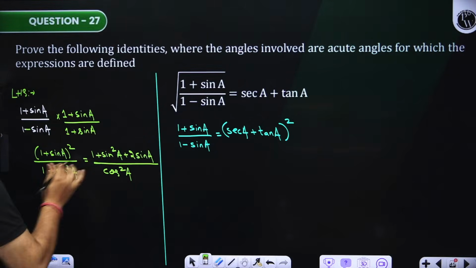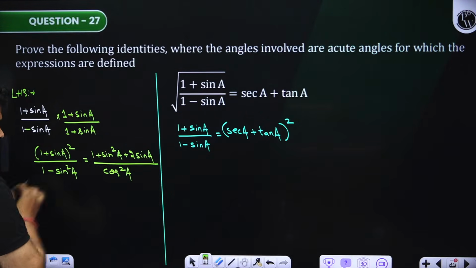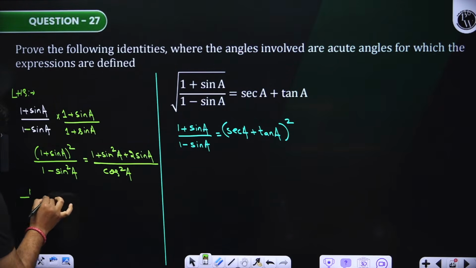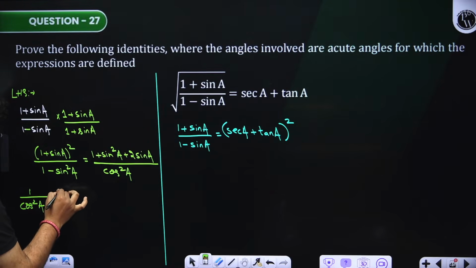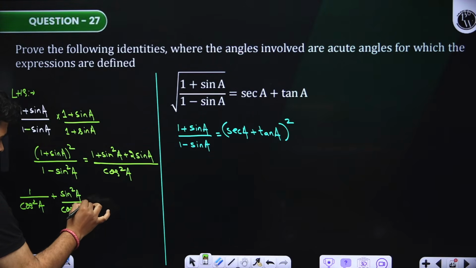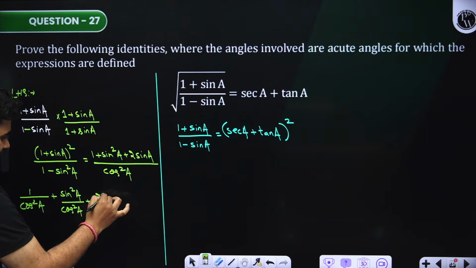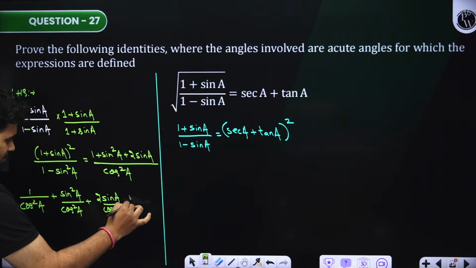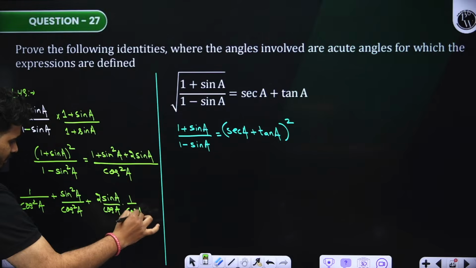Correct? Now divide separately here. If we expand the numerator, it will be 1 plus sin square A plus 2 sin A, divided by cos square A. Dividing separately, we have 1 by cos square A plus sin square A by cos square A plus 2 sin A by cos A into 1 by cos A. This is what we have over here.